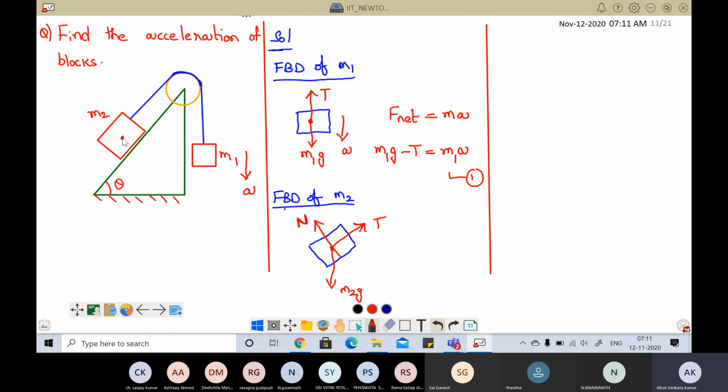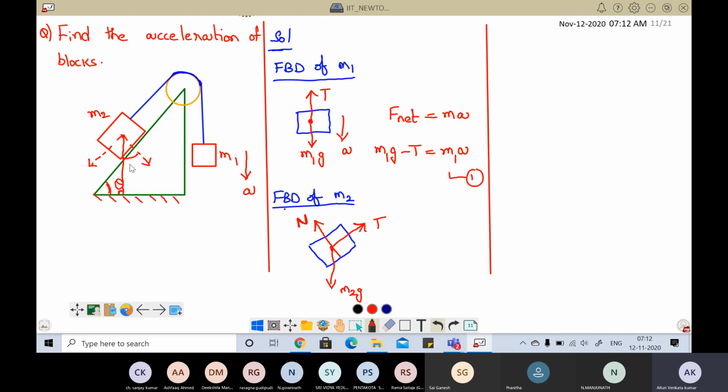M2G is like this, acting from the center. Now this is theta, this is 90. When you resolve into components like this, this is theta, this is 90, so this is 90 minus theta, and this is theta.